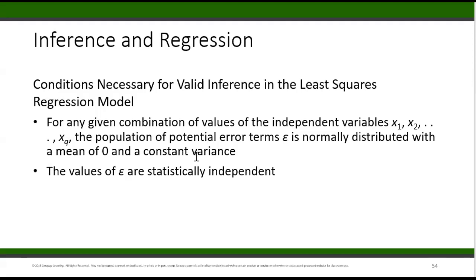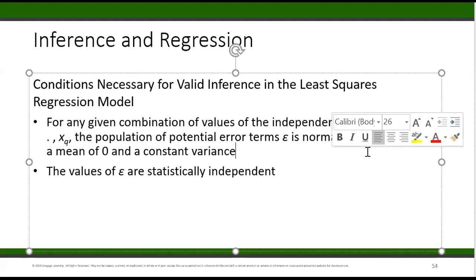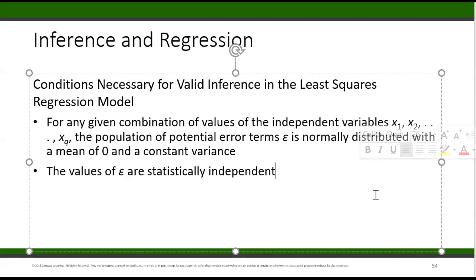A constant variance, mean of 0, and normally distributed. This term by itself is actually depicting 3 conditions for error terms. It should be symmetrical, it should have a mean of 0, and it should have a constant variance.